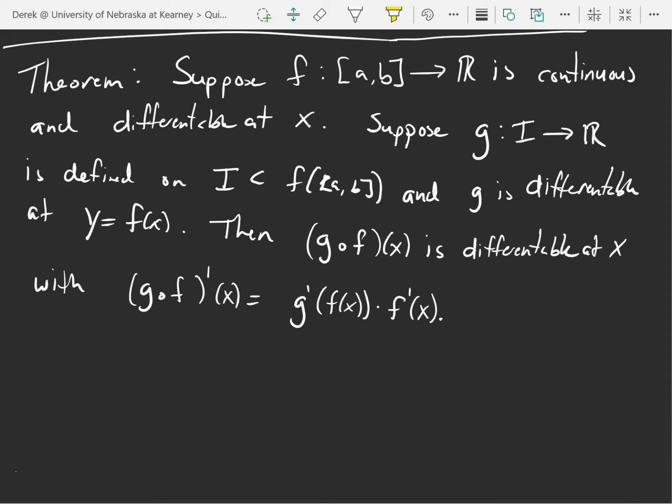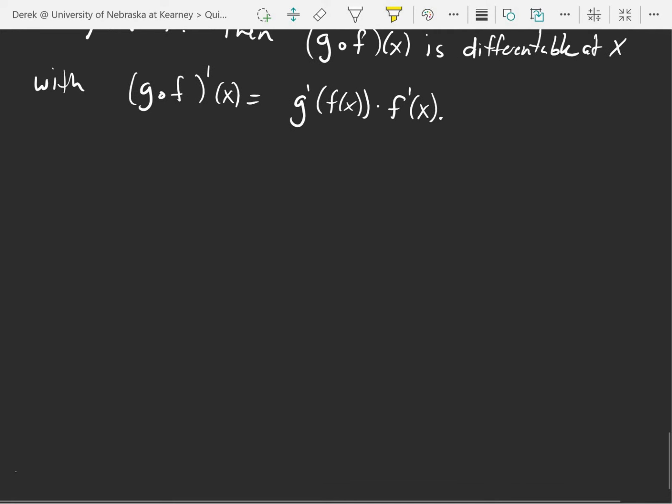Okay, so there's kind of a lot of moving parts going on. I've got to take the derivative of two functions at the same time and see how they work together. Okay, so our proof. We want to rewrite things so that I can use theorem 4.4 again and make things easy on us.